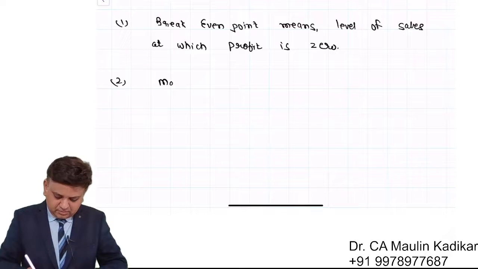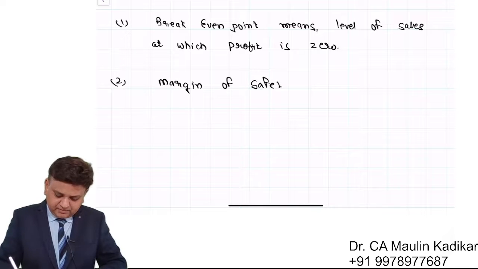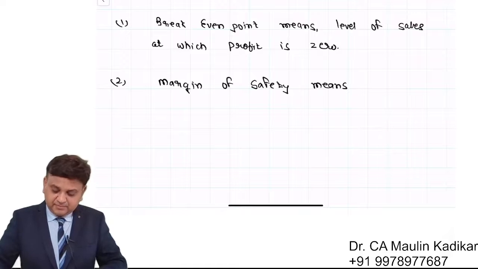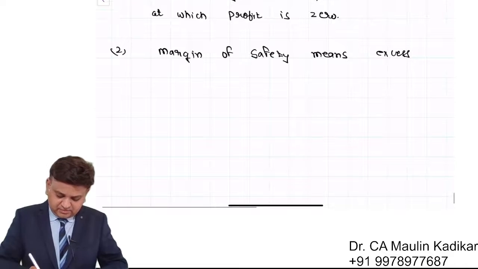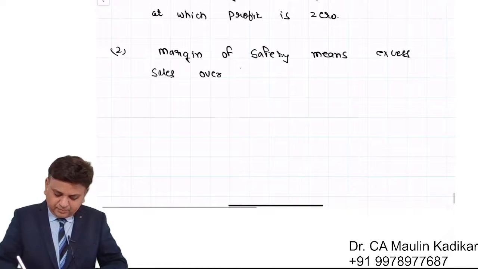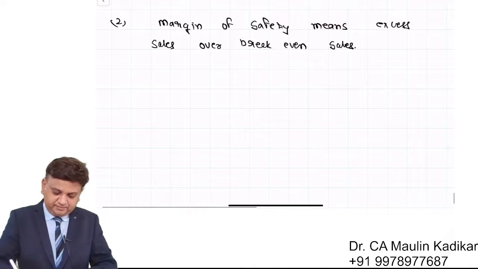Second, margin of safety means excess sales over break-even sales. Full stop.